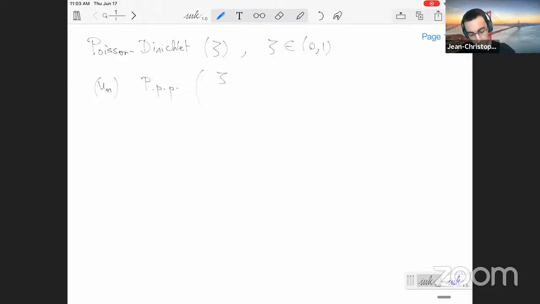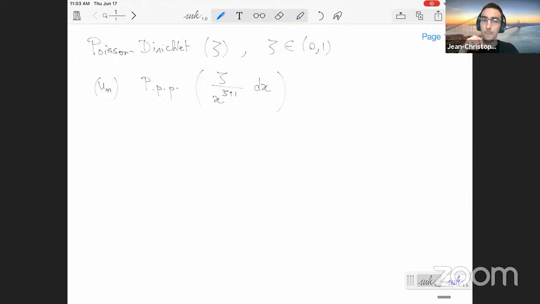Last time we discussed Poisson-Dirichlet processes. So let me write this again. This is encoded by one parameter zeta, and zeta is between 0 and 1. It's constructed as follows. We take U_n, a Poisson point process with intensity measure zeta over x to the zeta plus 1 dx, restricted to x positive.